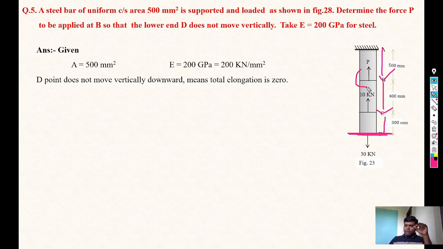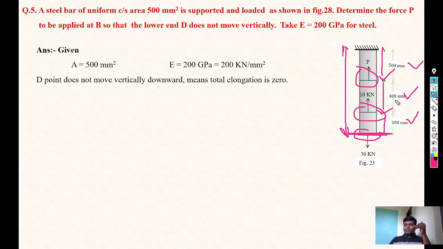So maybe B and C will move vertically up or down, but D is 0. If D is 0, whatever total elongation there is of that particular bar, the total elongation is 0, meaning the total length will be same. That length will not change.